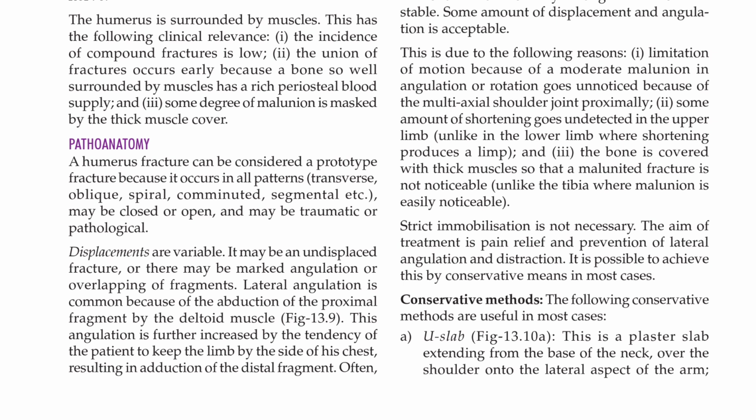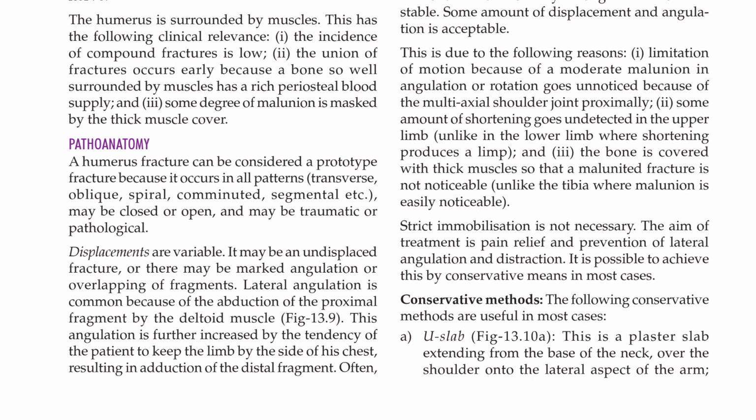Displacement are variable. It may be an undisplaced fracture, or there may be marked angulation or overlapping of fragment. So lateral angulation is common because of the abduction of the proximal fragment by deltoid muscle.